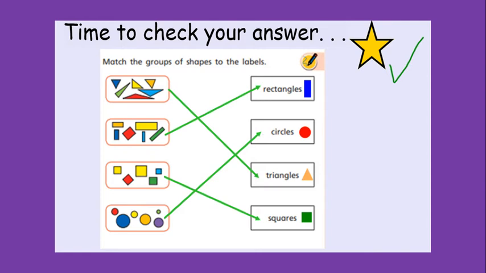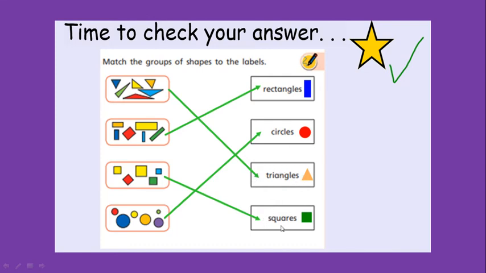Triangles, we said, was a shape that had 3 corners and 3 sides. So here's the word triangles. And here are lots of wonderful triangle shapes. Now, triangles don't have to all look the same as long as they have got 3 corners and 3 sides. They can be sort of skinny triangles, big, wide, fat triangles. As long as they've got 3 corners and 3 sides, they are going to be a triangle, okay?